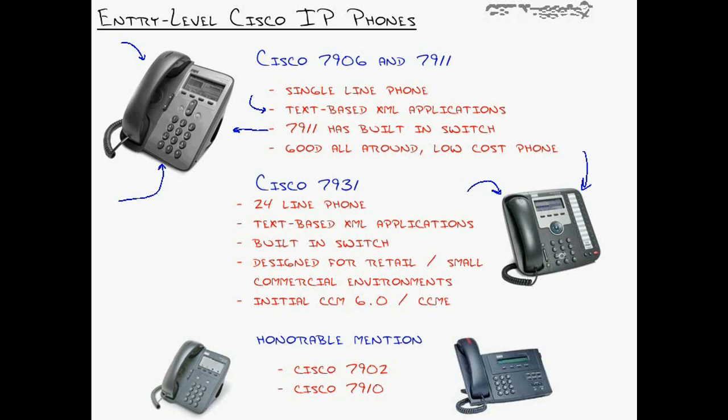Kind of a key switch sort of phone. Again, text-based XML applications, meaning the display doesn't support graphics but text. It has a built-in switch, and initially, as of the time I'm recording this, it only supports Call Manager 6.0, which is the Linux appliance, and Call Manager Express. It'll probably expand out to, or Communication Manager Express.